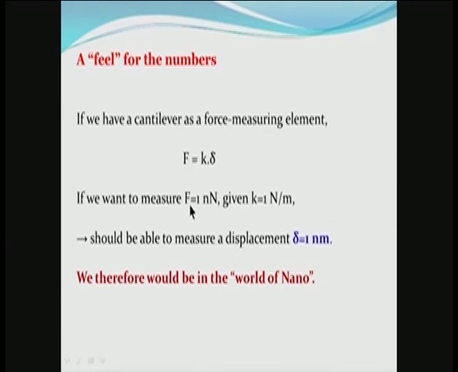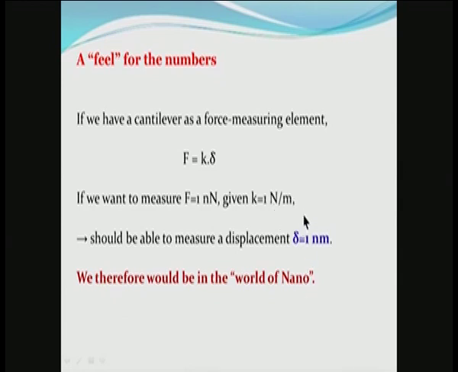Now, if we want to measure a force of 1 nanonewton, and if we have a cantilever with K equal to 1 newton per meter, then from this equation we can easily see that we should be able to measure a displacement delta of 1 nanometer. That means that we are in the world of nano.